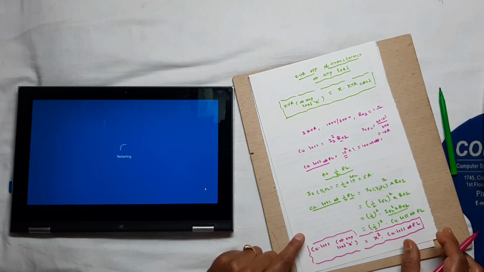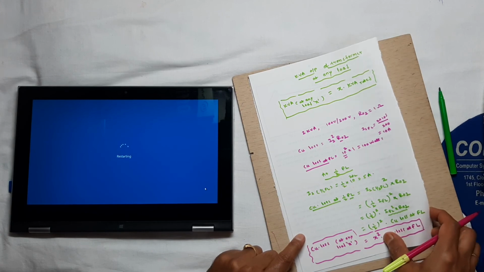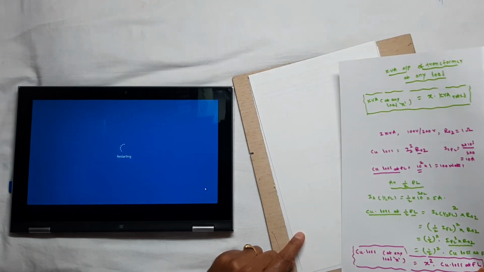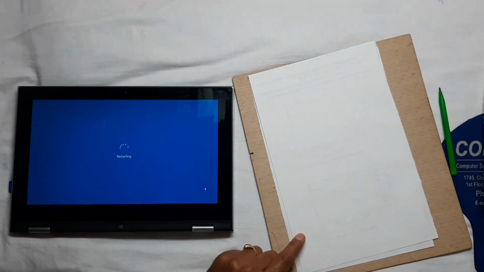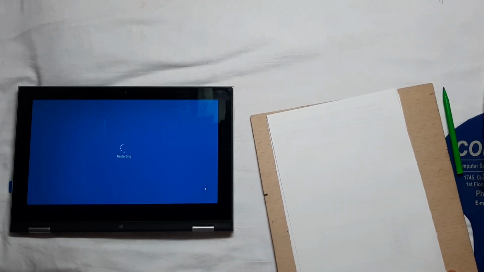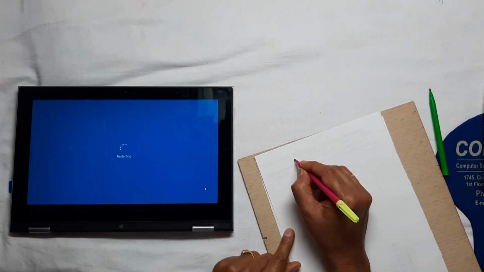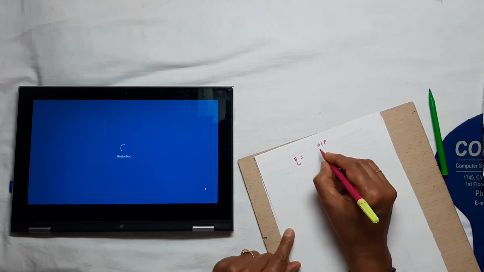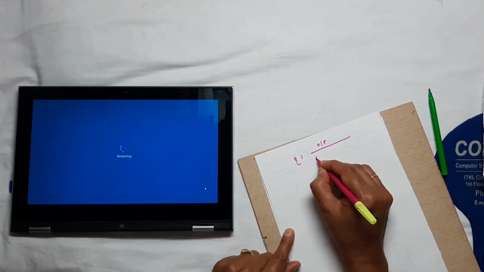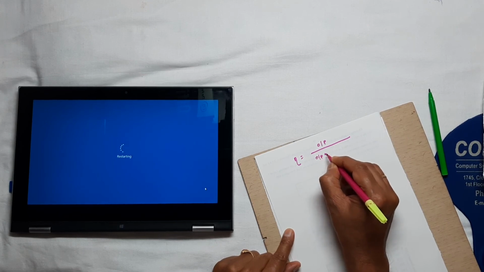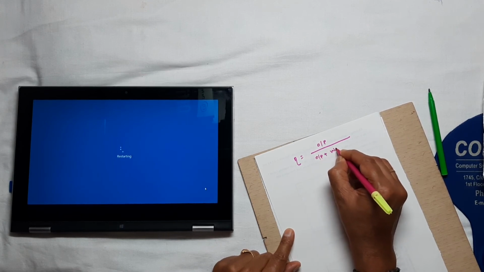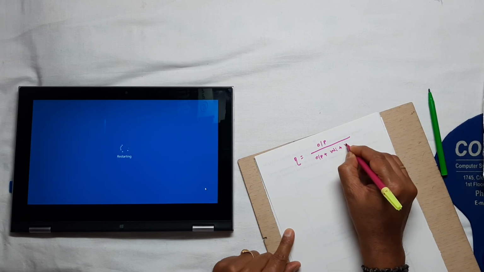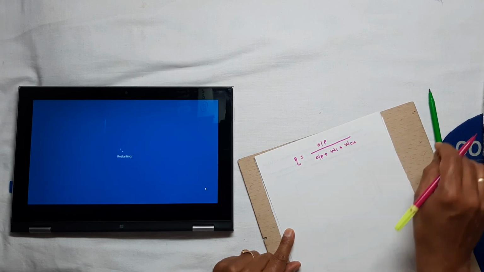With this background, you can express the formula for the efficiency. The efficiency of the transformer is written as output divided by output plus iron loss plus the copper loss.